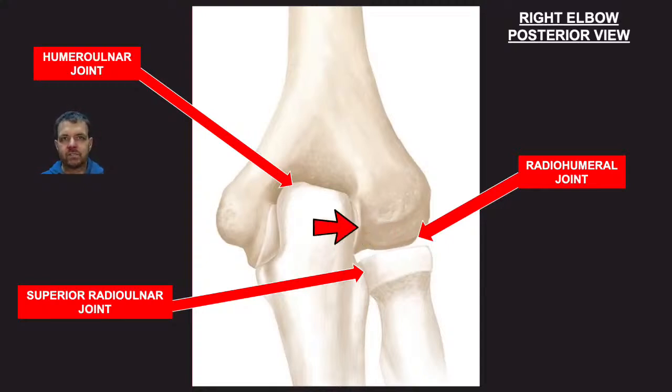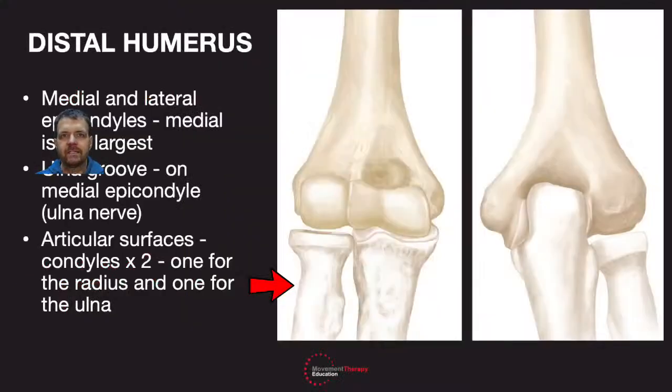Okay, potentially, depending on what the problem was. So yeah, we've got these three joints, and again, this is the back of the elbow. So we'll have a look at the cadaver in a second, so we can see them working in real life.